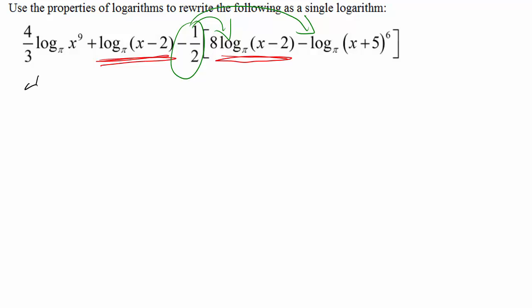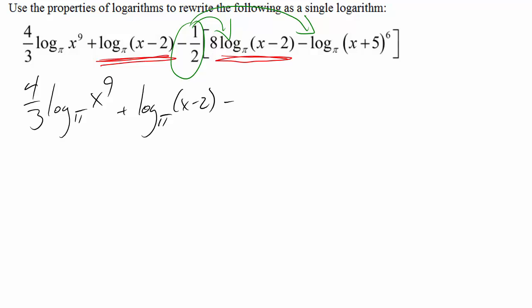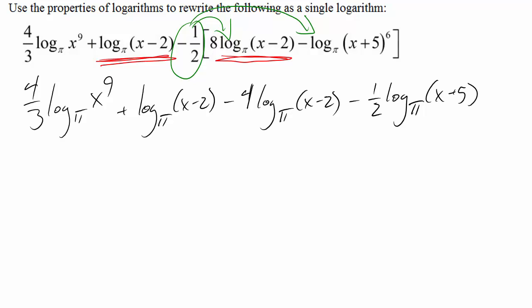So that leaves us with 4/3 log base pi of x to the 9th plus log base pi of x minus 2 minus, so 1/2 times 8 will be minus 4 log base pi of x minus 2 minus 1/2 log base pi of x plus 5 raised to the 6th power.